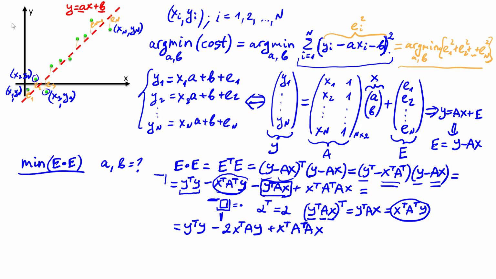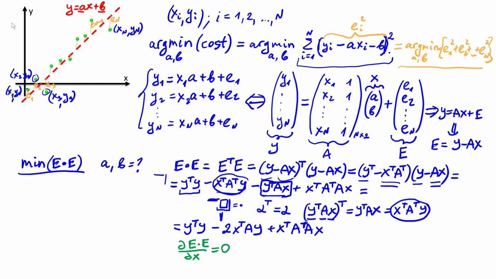Now we want to use Fermat's theorem, which states that the derivative of something that we want to minimize, or to find minima of, with respect to x should be 0. This is Fermat's theorem, which is true for calculus, and this is the same thing for matrix calculus.